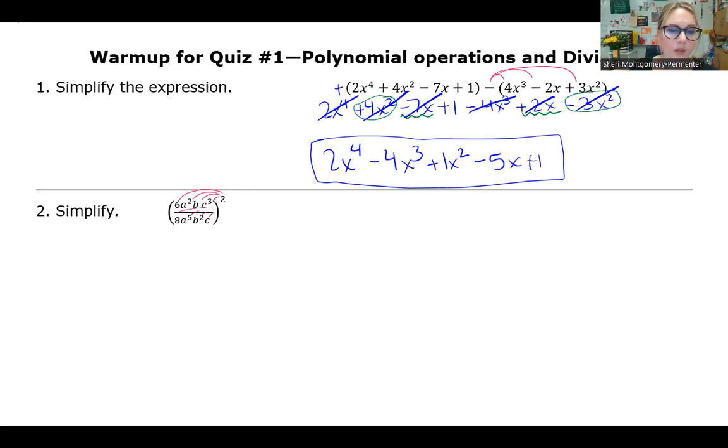And I rewrite it. So we need to remember that this becomes 6 to the second power. And then you multiply these exponents. So it's A, 2 times 2 becomes 4. B, it's like 1 times 2 or just 2. C, 3 times 2 is 6.